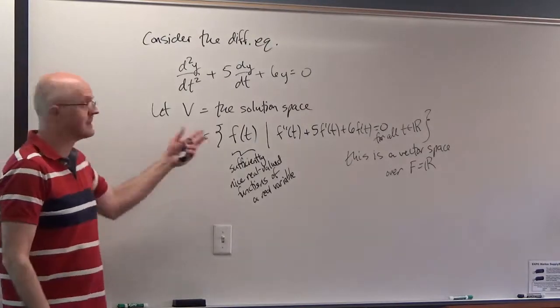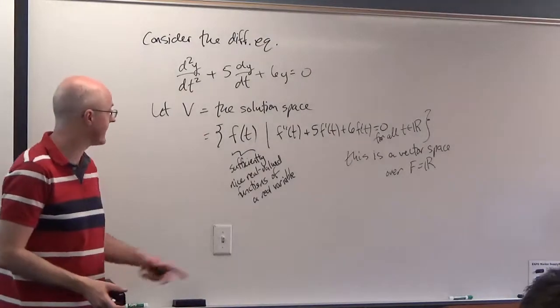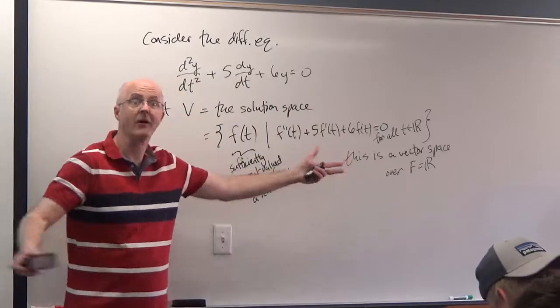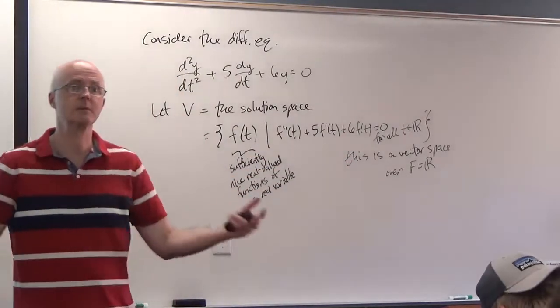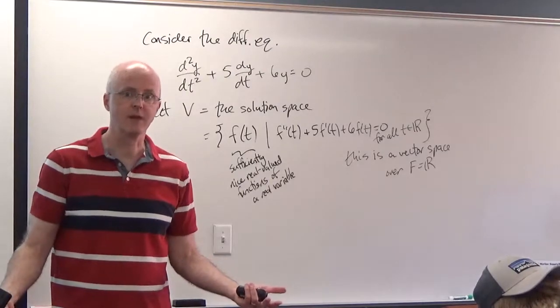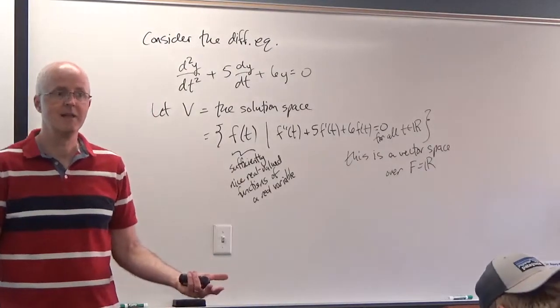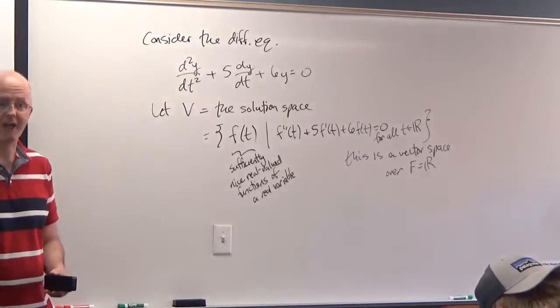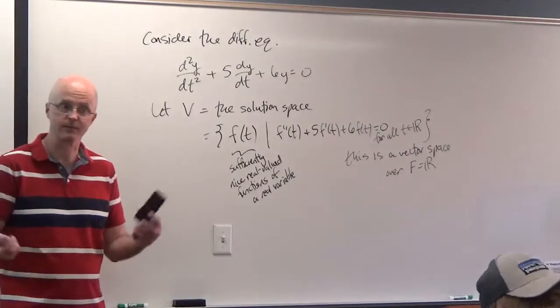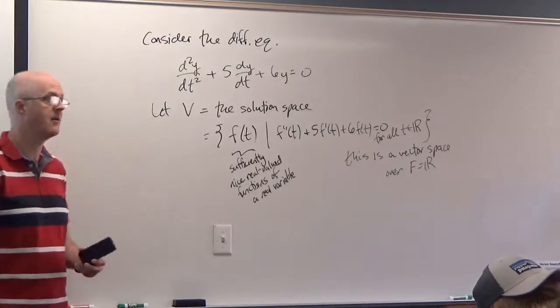Well, sets of functions in general, if I didn't put any conditions like this on them, are infinite dimensional. If I consider the set of all continuous functions on the real line, for example, that's an infinite dimensional vector space. And by the way, it is a vector space because I can add functions and I can multiply them by scalars and it would satisfy all the properties of a vector space.